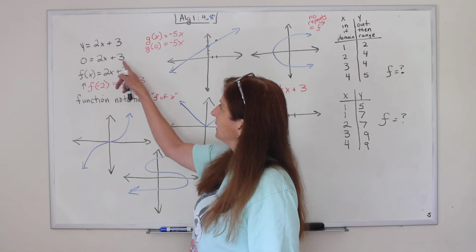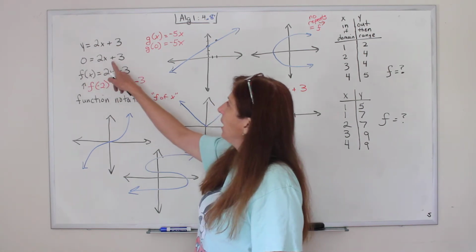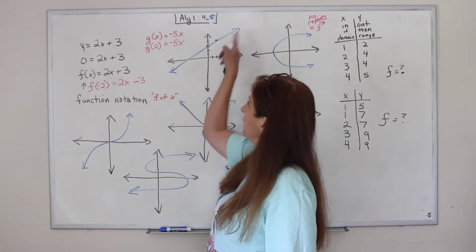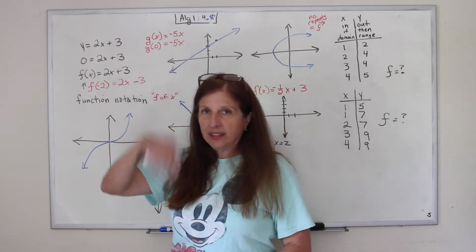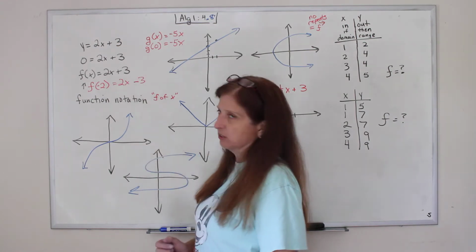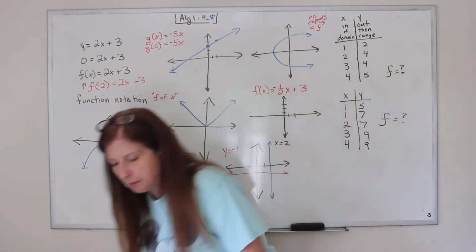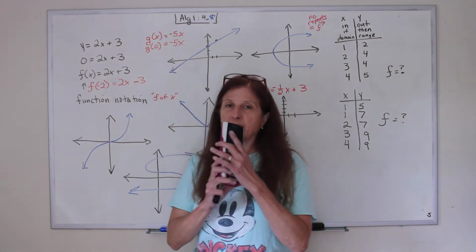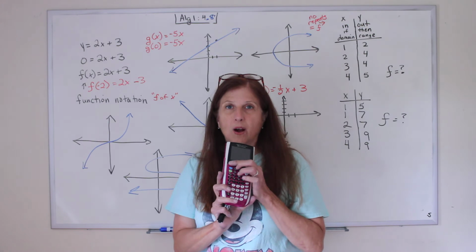If you solved it with this being 0, this tells us where the line crosses the x-axis. And then the other thing is this function notation. What's up with it? Remember we said that we really like the y one because we have this button on our calculator that says y equals.